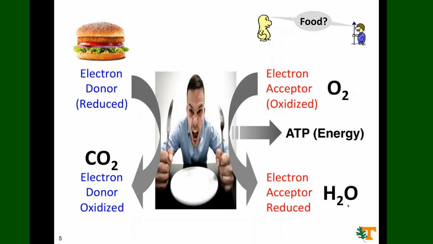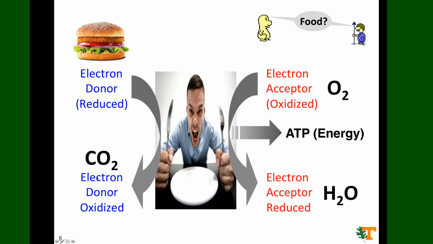So now in my next slide, I make this a little bit easier to understand. So the microbe here is a human who's hungry. So what we need is food. The electron donor, here, an example, is a hamburger, that's the food we eat. So this is the electron donor, and this is being oxidized.